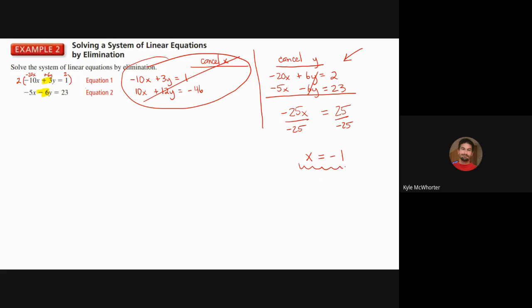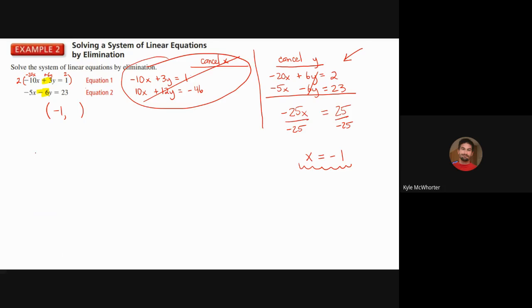Once we get our first variable solved for, I know the x value of our solution is negative 1. Now I can plug that x back into any one of my equations. I think I'll plug it into equation 2.